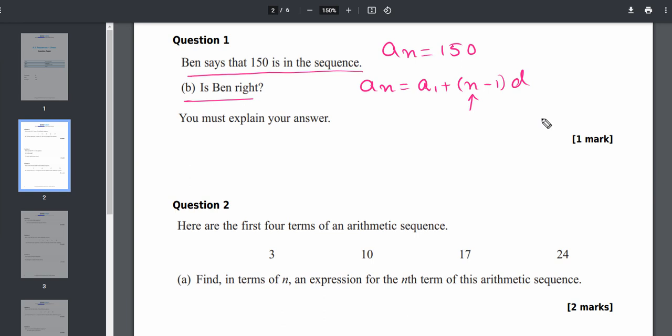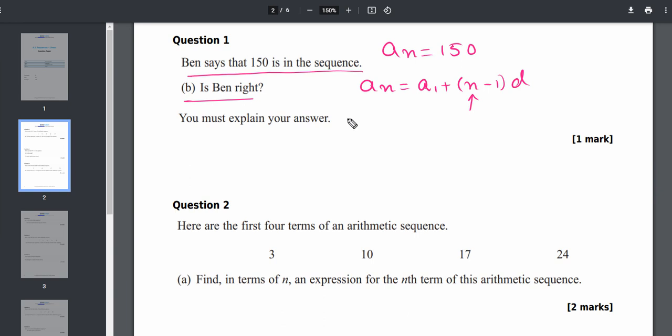If n is not an integer, then it means that this term does not exist in the sequence. Why? Because a term cannot be a decimal. Either it is the first term, second term, fourth term, 11th term, 30th term, 60th term. It will not be like the 3.5th term. So n must be a positive integer.